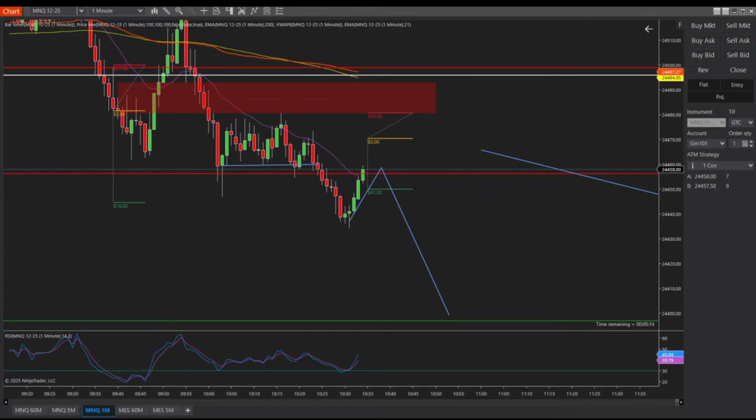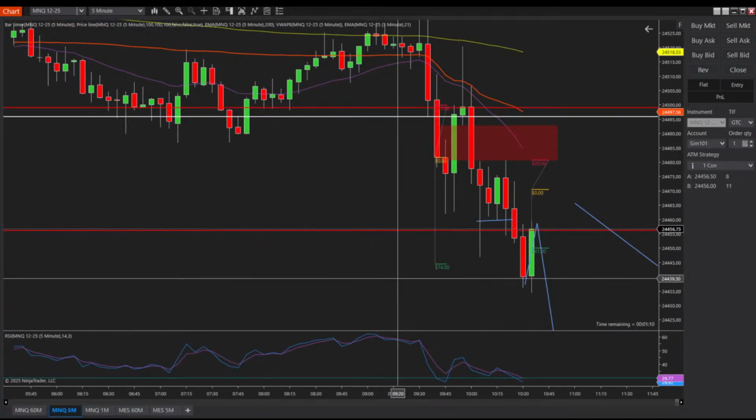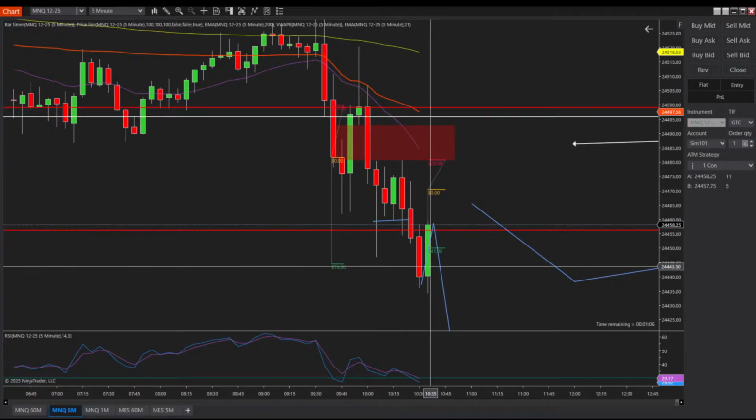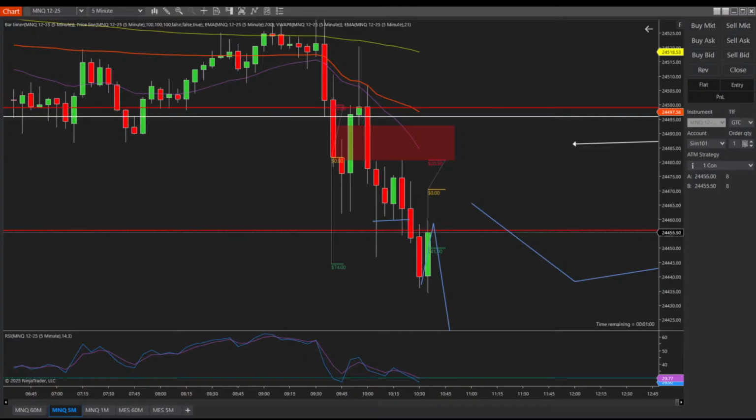There's very strong buyers here. This could be a reversal. We look at the 5-minute now. We see an engulfing green candle here. This is still a downtrend. Okay, still a downtrend.